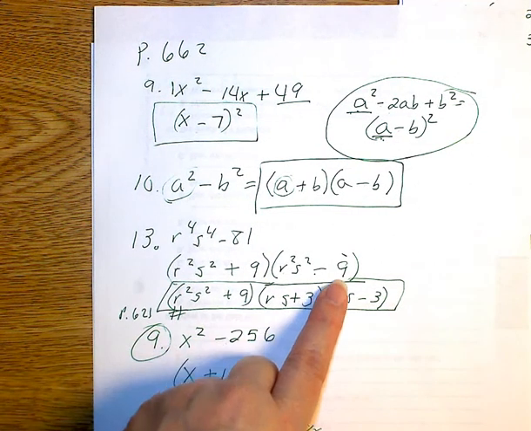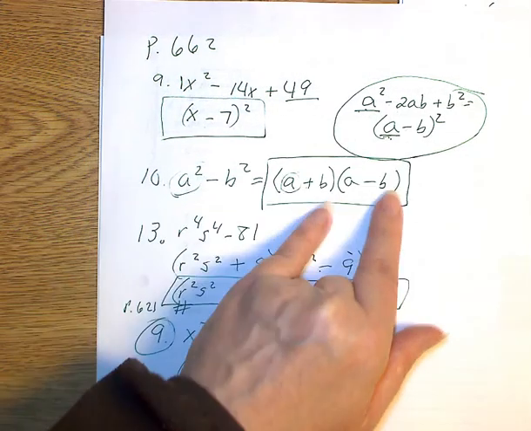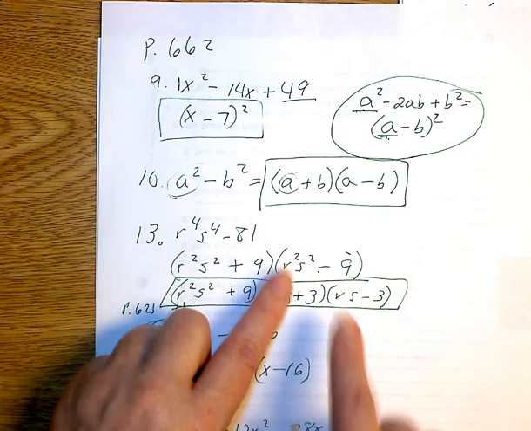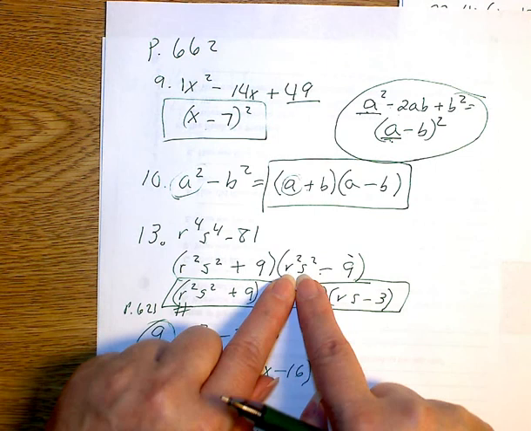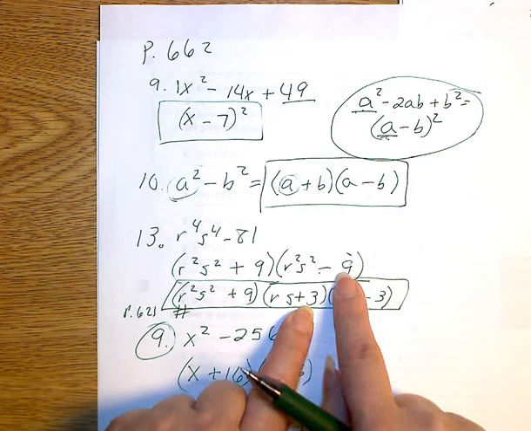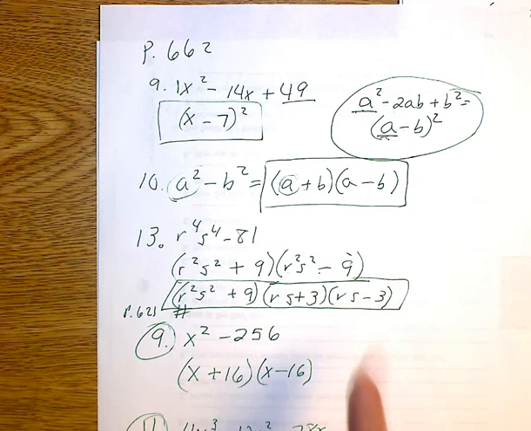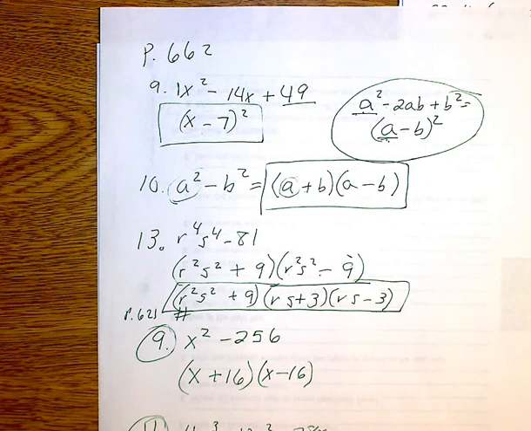Because we're looking for two numbers that when we multiply them together are going to give me this. So I'm looking for two numbers that multiply together to give me this, and then two numbers that multiply together to give me that. Does that make sense? Yeah, that makes sense. So that's why you're taking the square root, because that's how you find the two numbers, because they have to be the same two numbers.